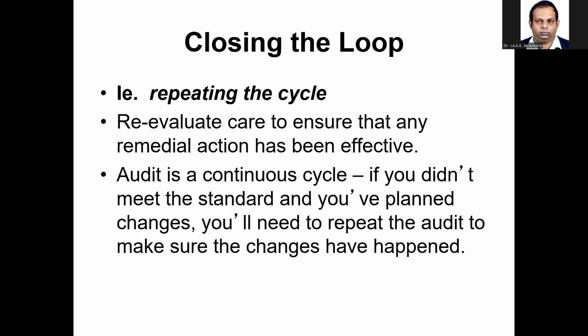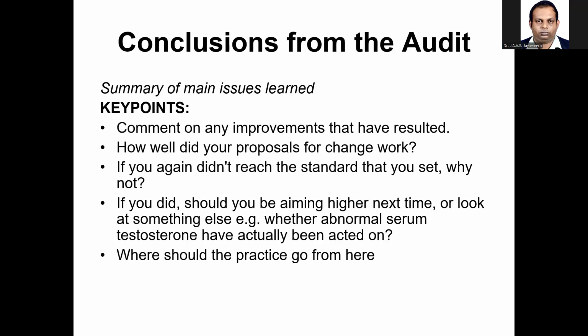Then to close the loop, we have to repeat the cycle, as I have told: re-audit, re-evaluate. Audit is a continuous cycle. So comment on any improvement that has resulted. Re-audit it. How well did your proposals for change work? If you again didn't reach the standard that you set, why not?